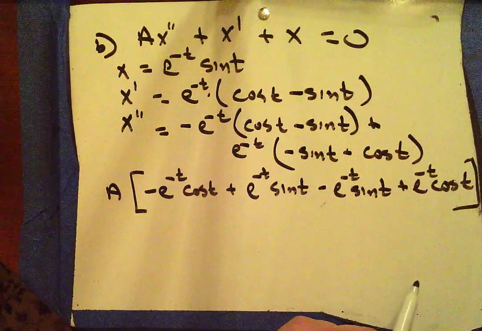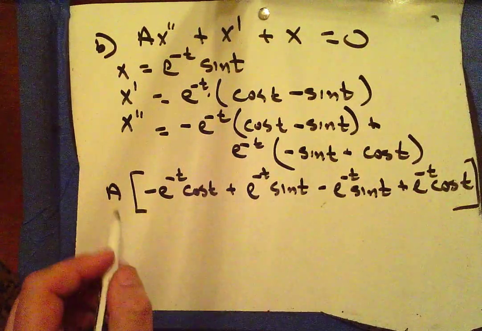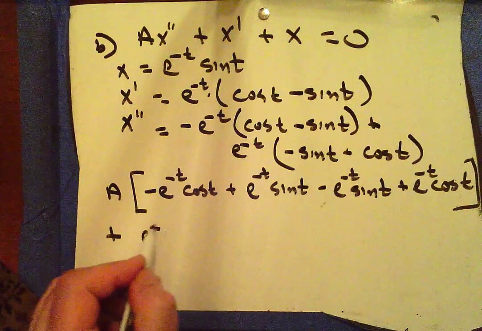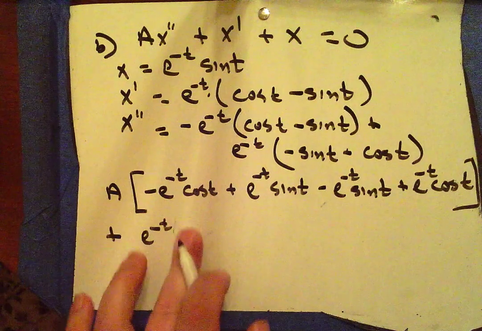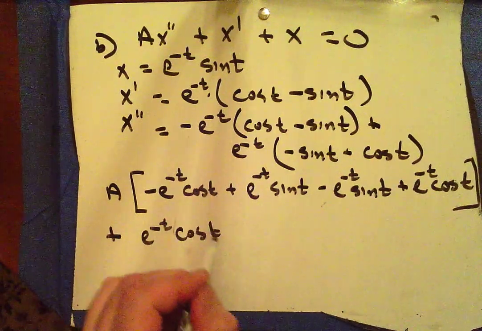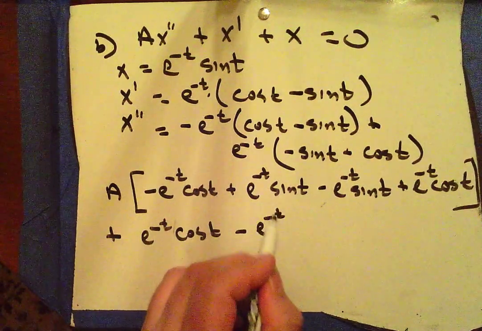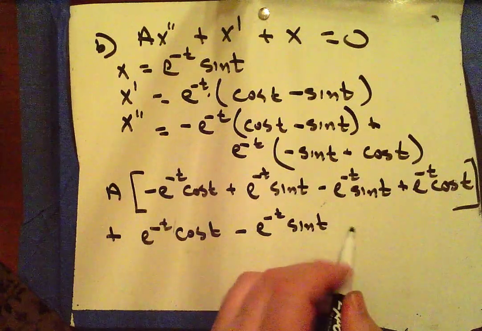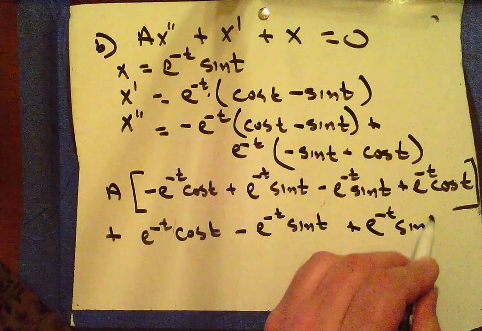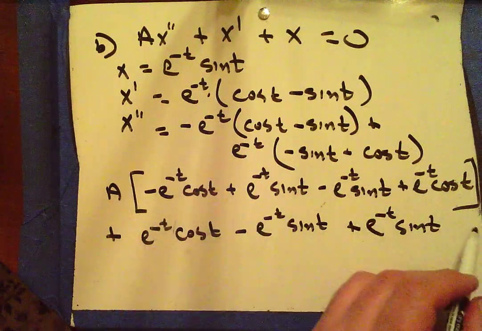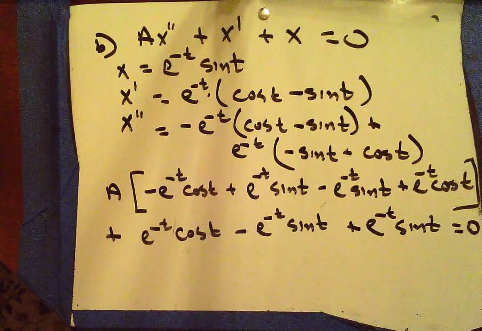All of that times a. Plus e to the negative t cosine, I'm just going with the big old distributing thing, minus e to the negative t sine t, and then I want to add x, e to the negative t sine t. And I want that sum all to equal 0.